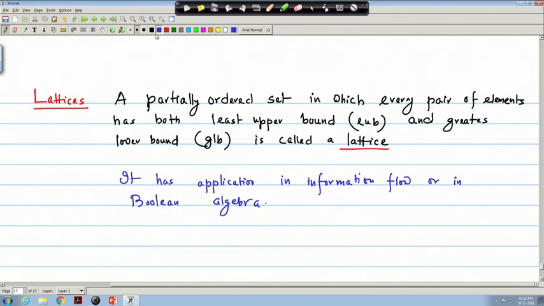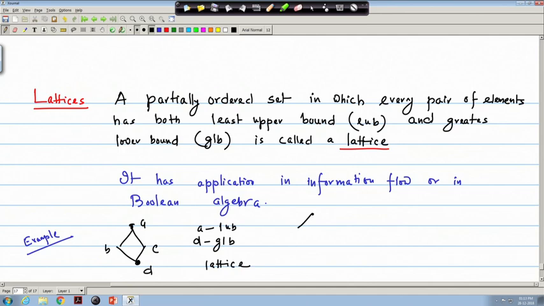So, let us see some examples and draw some Hasse diagrams. See, just now we have seen that it has both A as LUB and D as GLB, so it is a lattice.